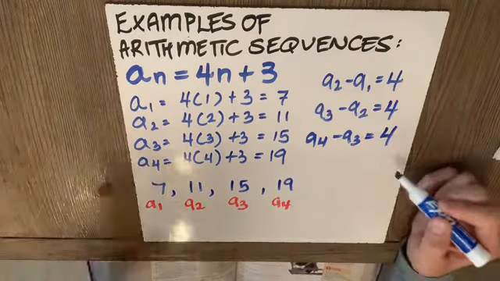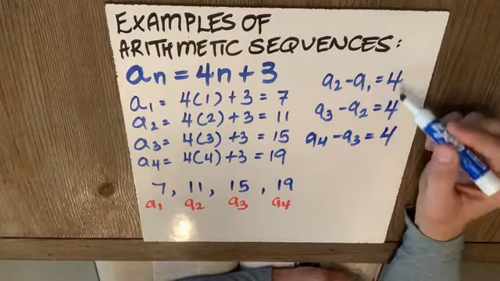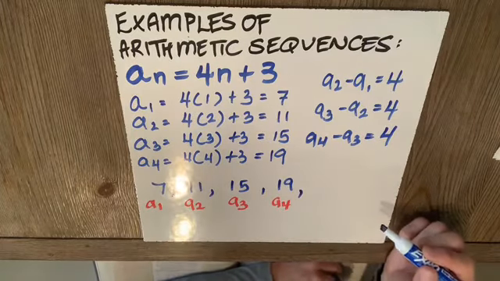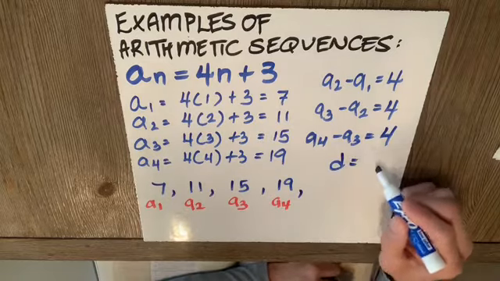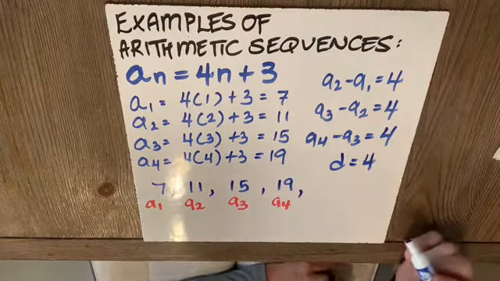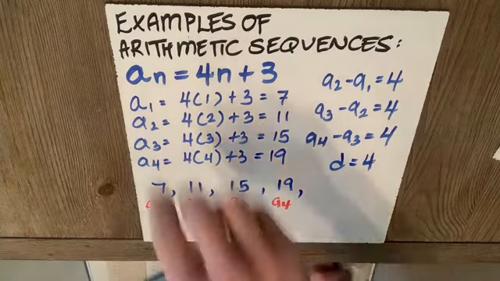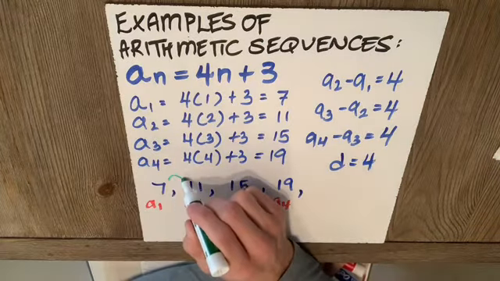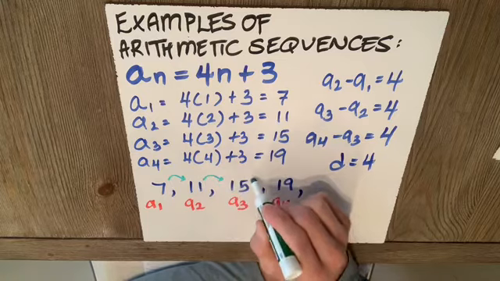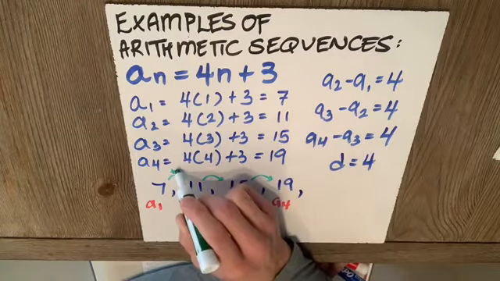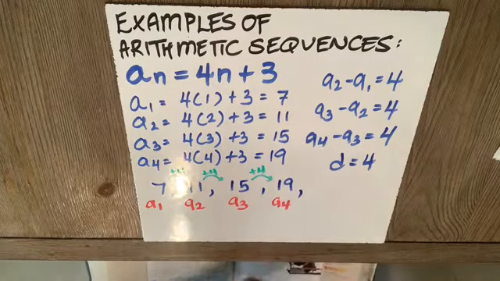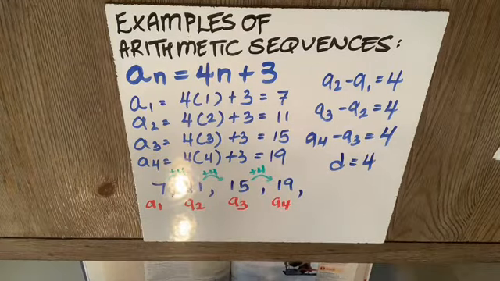These all come to 4, and if I continued on and on, I'd still get 4 as my difference. We say the common difference is 4. If we're taking little bunny jumps between the terms, the size of each jump is the common difference, because to go from one term to the next, I have to add 4.